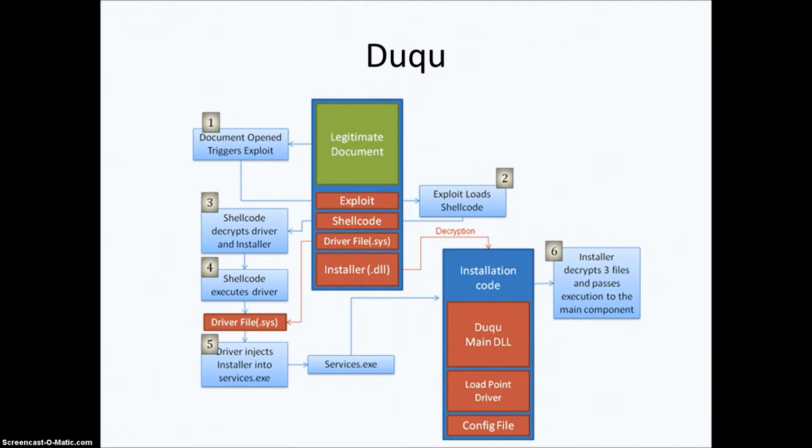Shellcode decrypts a driver and an installer, and it actually runs the driver as well. Once the driver is running, it injects the installer into services.exe on the victim machine. The installer then decrypts 3 more files: the main Duqu DLL, the load point driver, and the configuration file, loads those into memory, and then passes execution onto the main Duqu DLL.